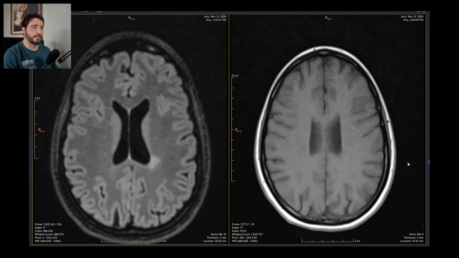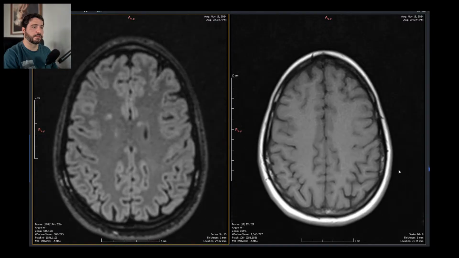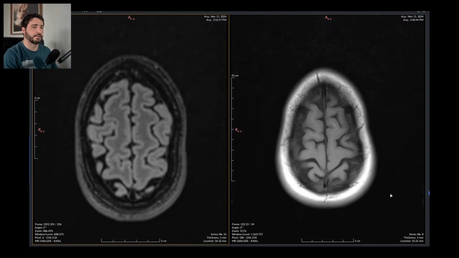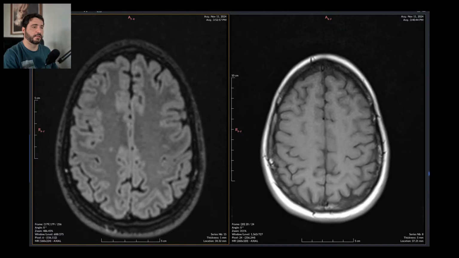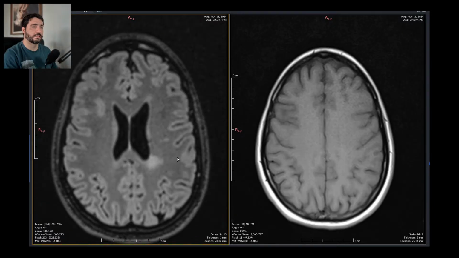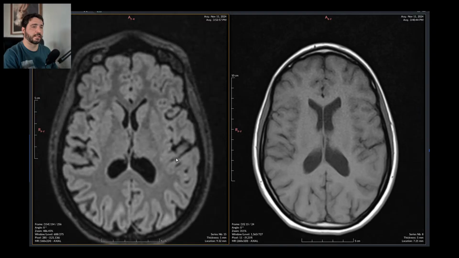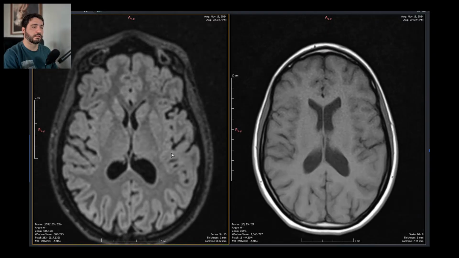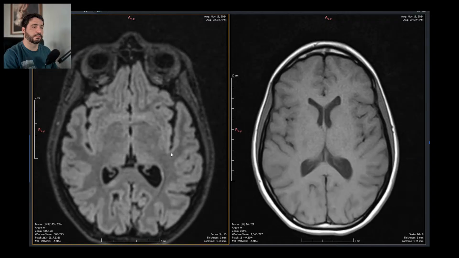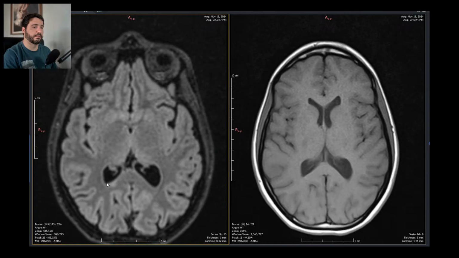And here we are. This is much easier to be certain of really small sites of disease just like that. So it's mostly around the supratentorial ventricular system.